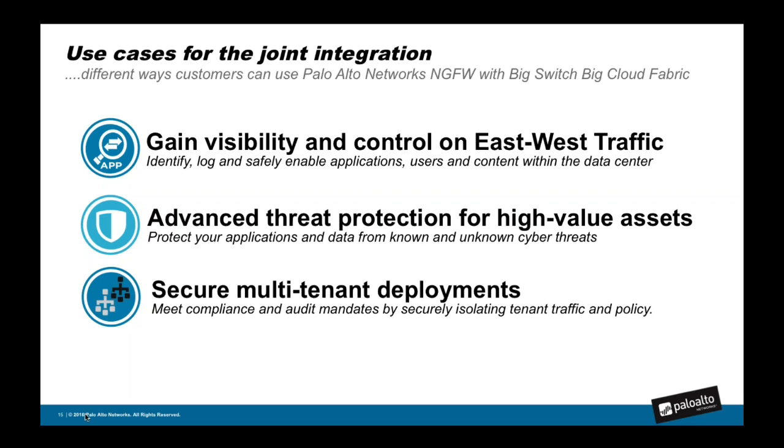You have the ability now to protect your applications and data from known and unknown cyber threats. And finally, if you have multi-tenant deployments within your data centers, now you have the ability to securely enforce security controls across different tenants within your data center. And these tenants, of course, within an enterprise could be different departments, but you have the ability to isolate traffic, log traffic, and of course, enforce separate policies for each and every tenant.